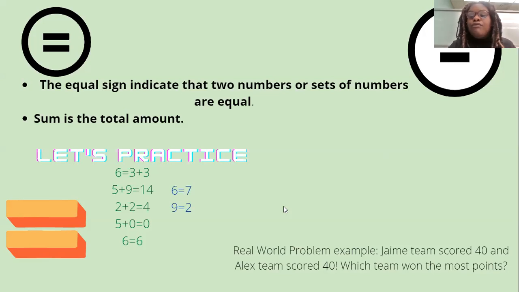Another example of what not to do would be to count out 9 blue blocks and 2 red blocks and say that they equal each other. That does not work. Think about it like this.